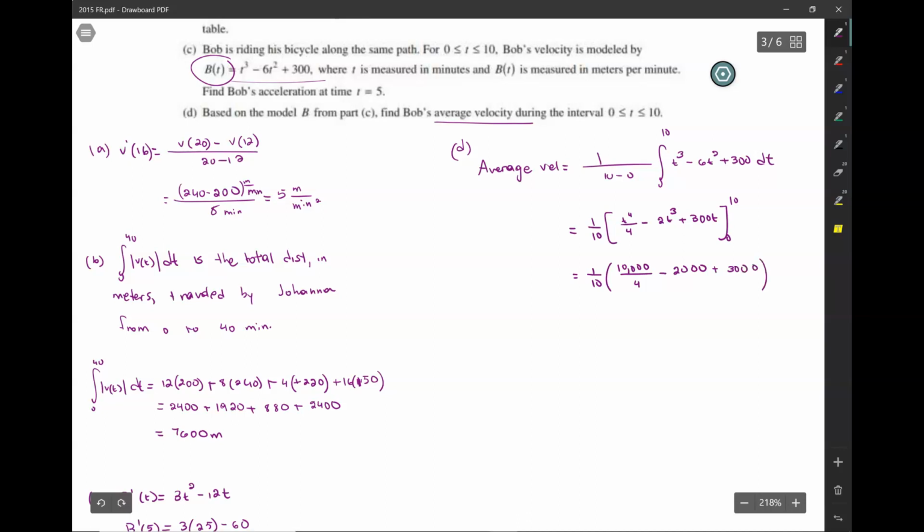And then, of course, it's all divided by 10, right? Okay, so 1,000 over 4, that's 250 minus 200 plus 300. You see how nicely it works out. So it's 350. What are the units?